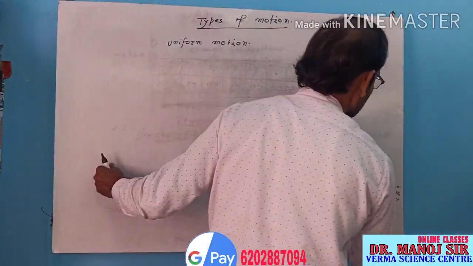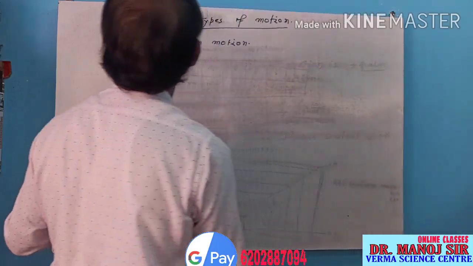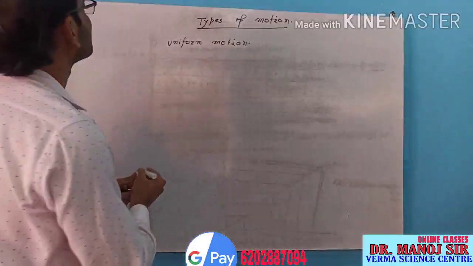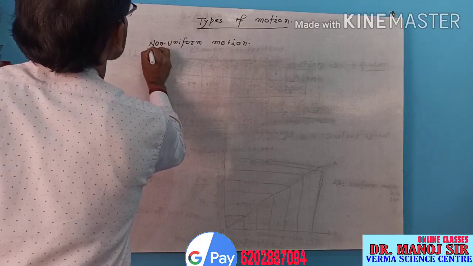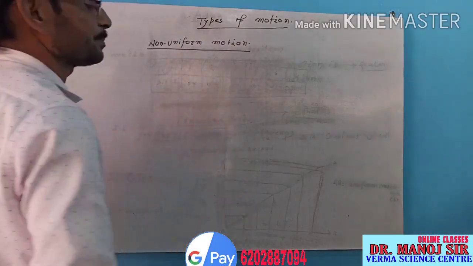So how can one define non-uniform motion?